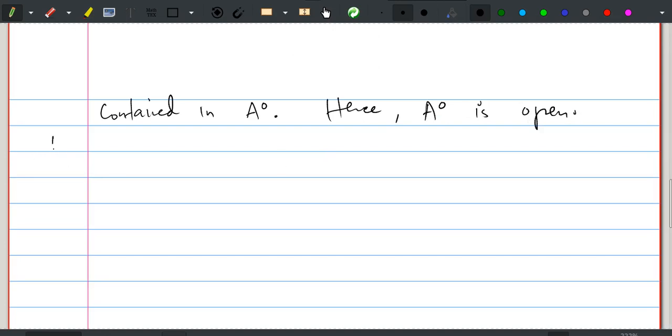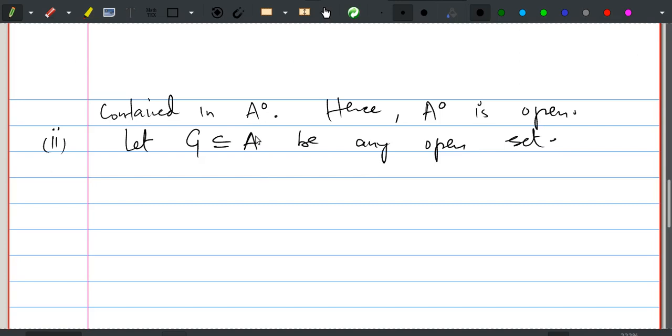Now part second, we have to prove A interior is the largest open subset of A. So let us consider, let G, a subset of A, be any open set. To prove A interior is the largest open subset of A, it suffices to prove that G is contained in A interior.